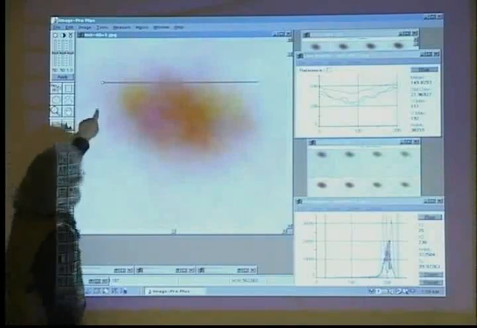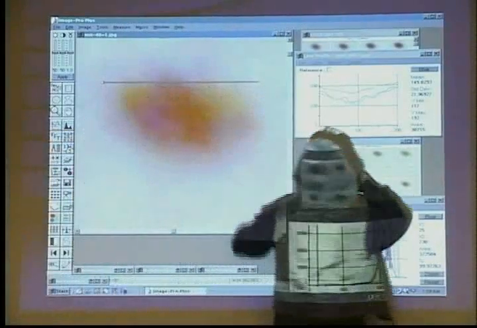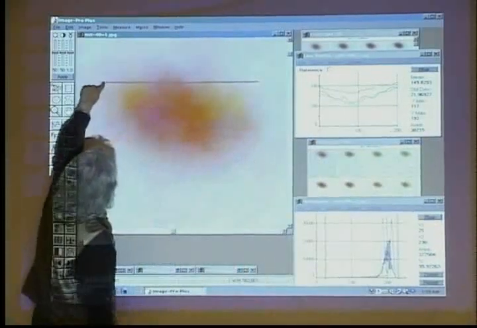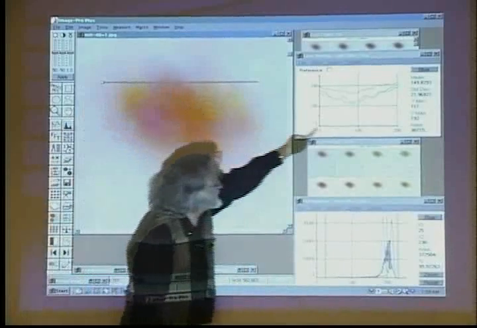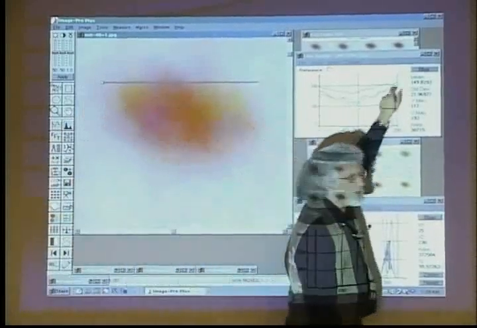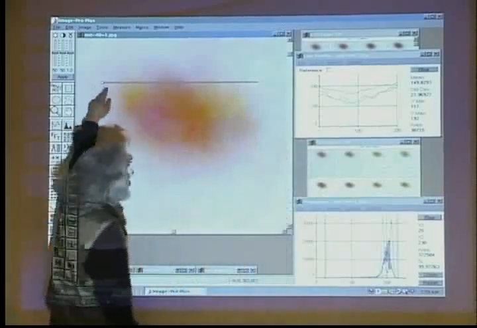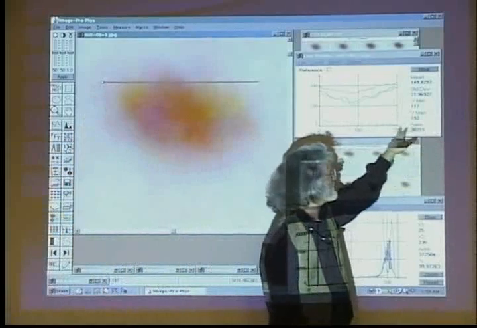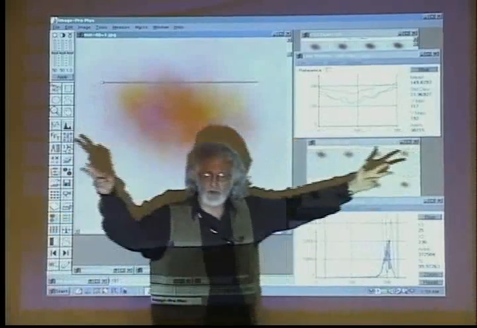This is an example of, across one line, the amount of red, green, and blue information in every pixel on this line. This is there. 0.0. This is there. So we could break it up into 1,000 units, 10,000 units. This isn't in pixels yet. It's just an arbitrary scale.